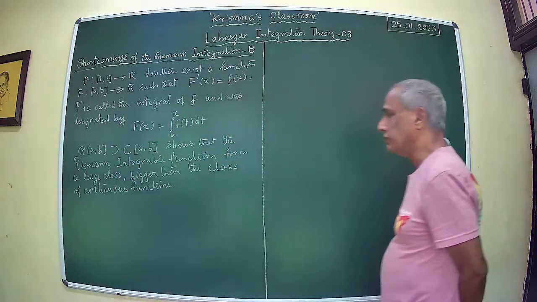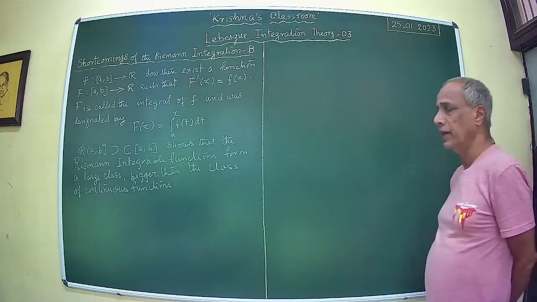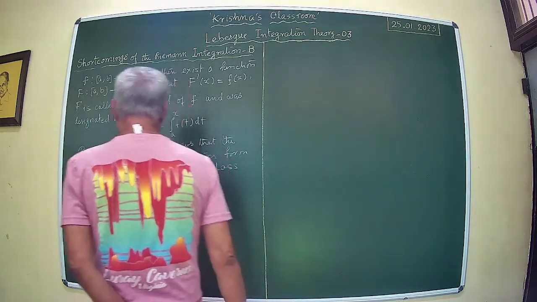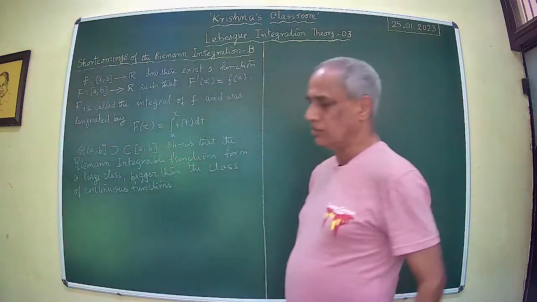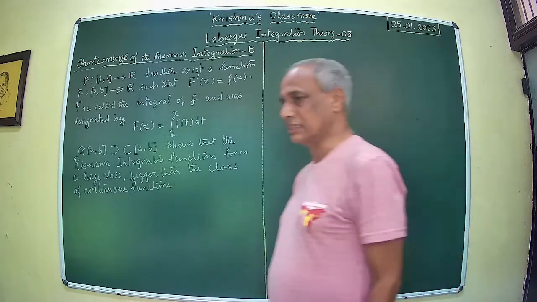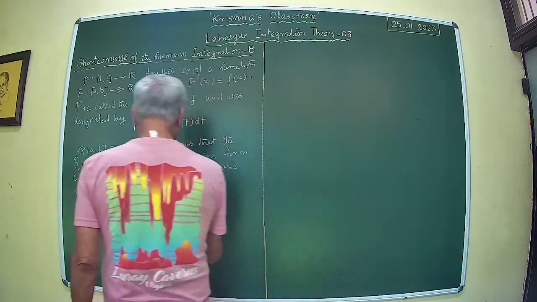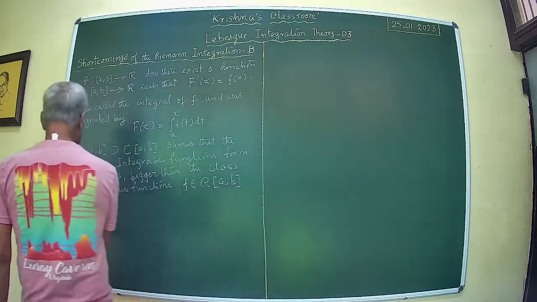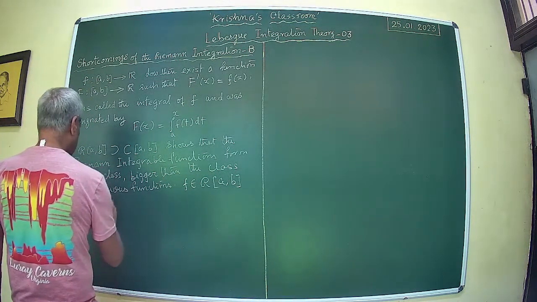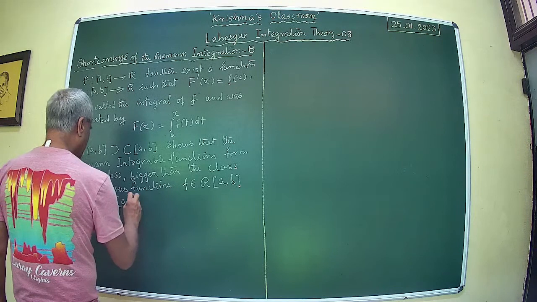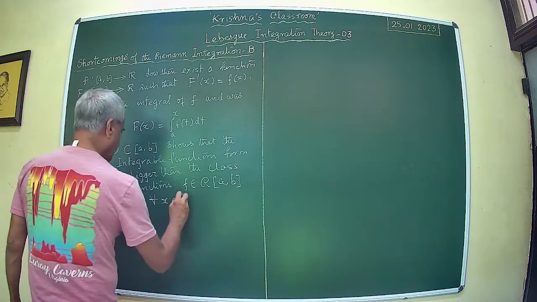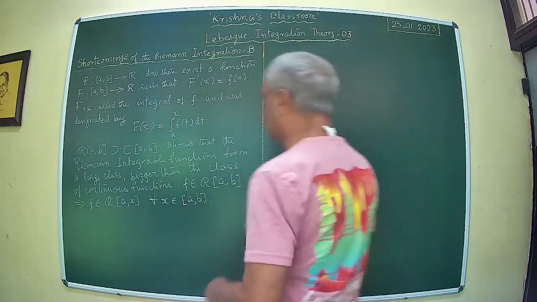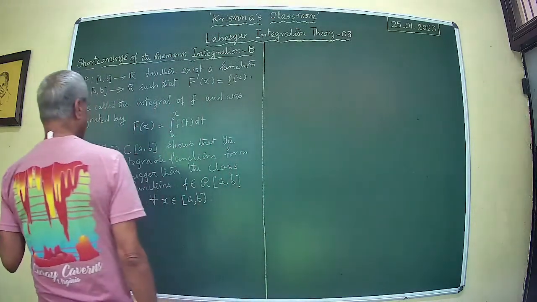Then, if a function is Riemann integrable on [a, b], it is also Riemann integrable on subintervals of the type [a, x]: f belonging to R[a, b] implies f belongs to R[a, x]. Therefore this integral was sensible.